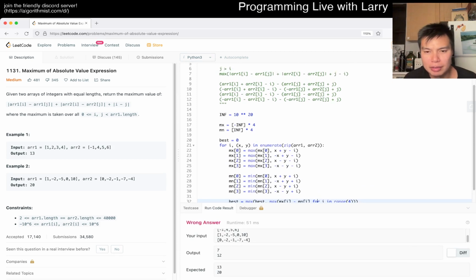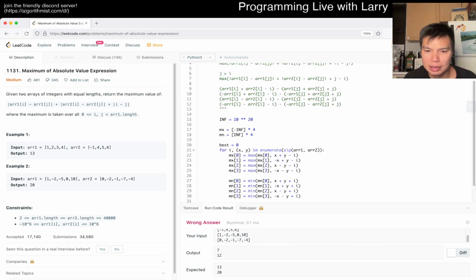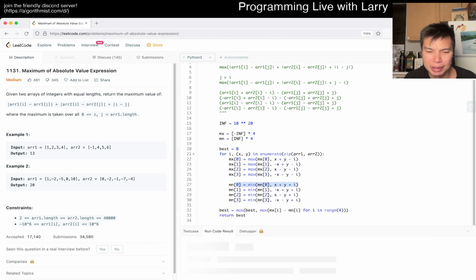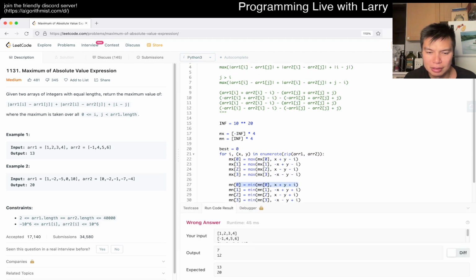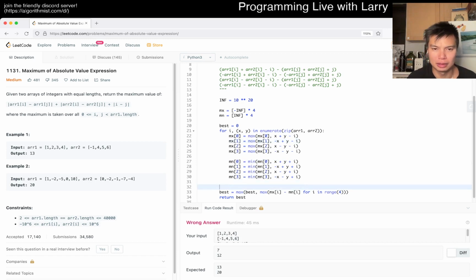I think the tricky thing here is that maybe I need to do it at the end, because I think maybe this matches itself, and that may be a wrong answer, obviously. How do I make it so that it doesn't match itself? Let's see.